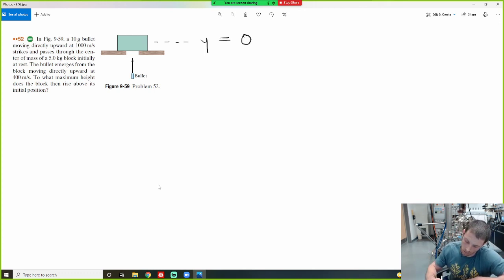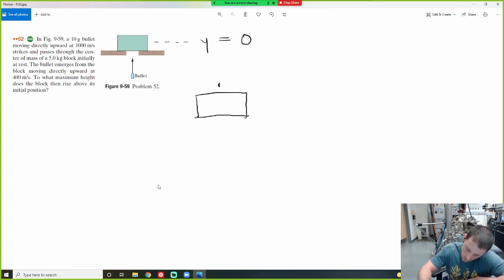And so let me make a sketch here of what we're talking about. We're looking at the energy right after the bullet has just emerged from the block.